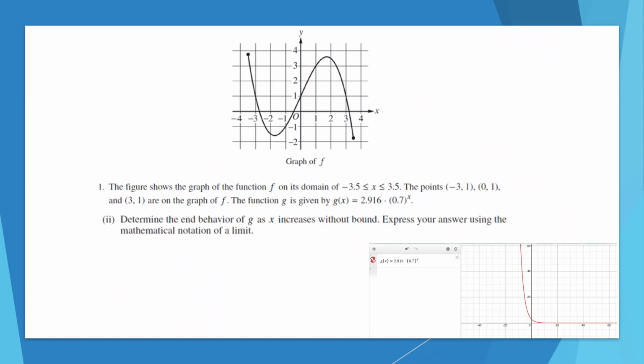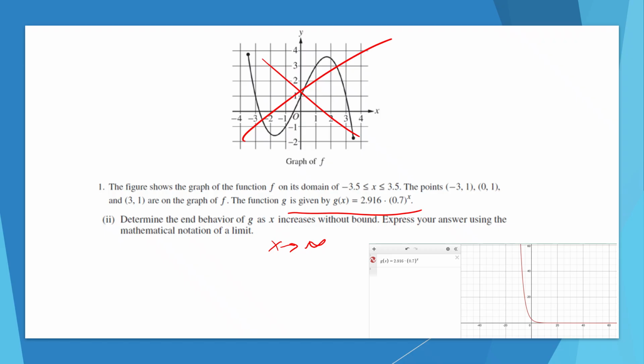All right, number BII. Determine the end behavior of g, so this function, not this graph, as x increases without bounds. That's as x approaches positive infinity. Express your answer using the mathematical notation of a limit.